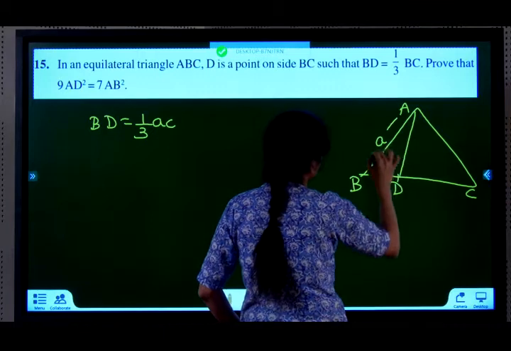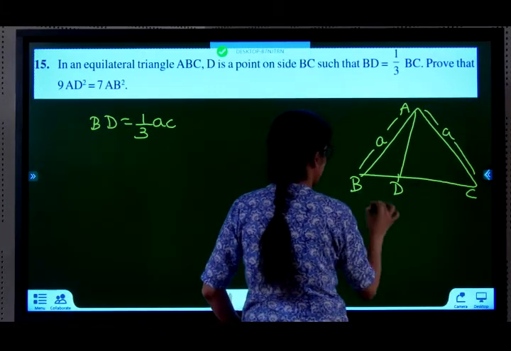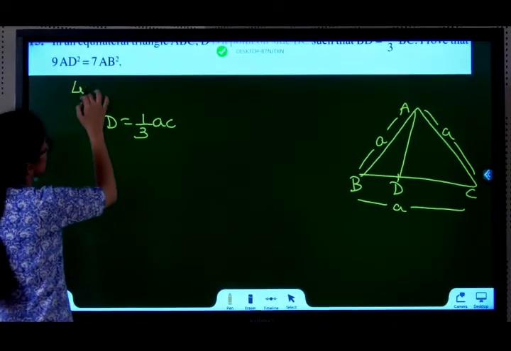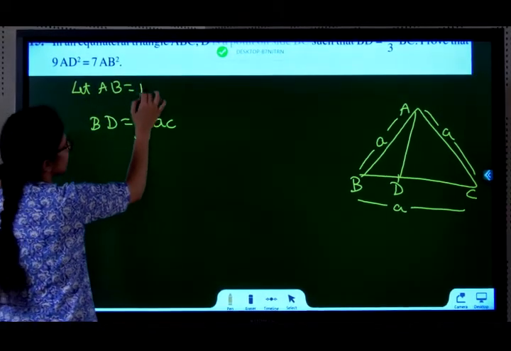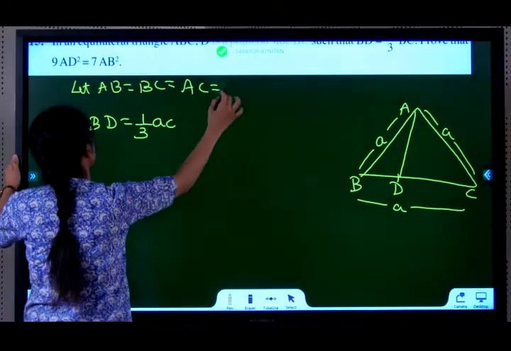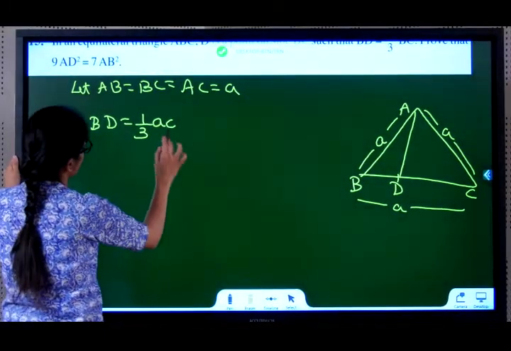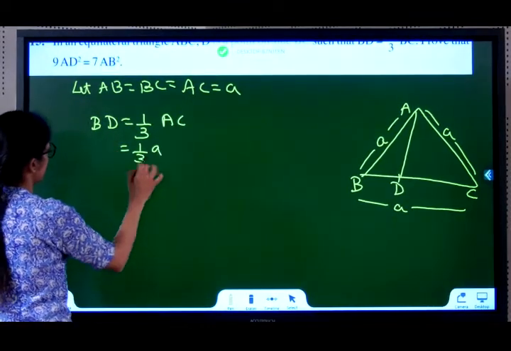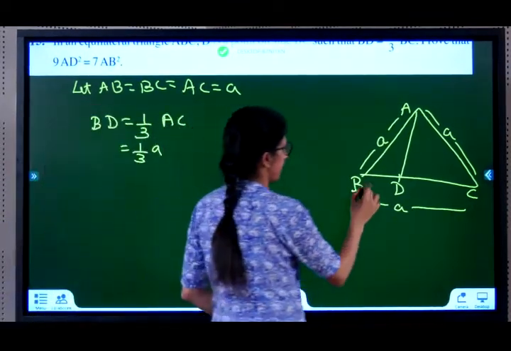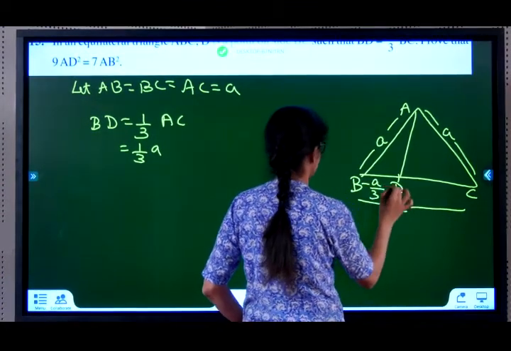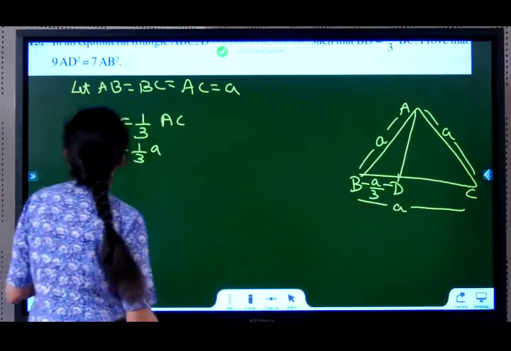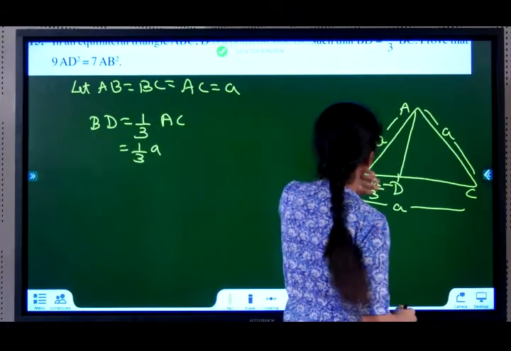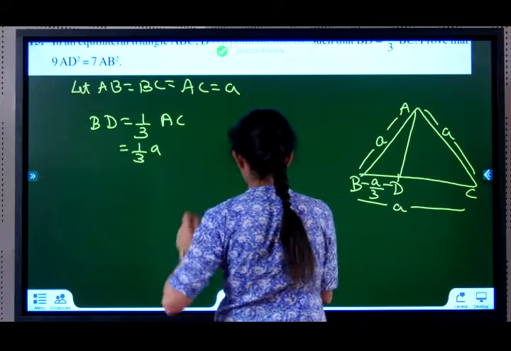Let's say all sides are A. So first statement, let AB be equal to BC equal to AC be equal to A. Here they have given you BD is equal to 1 by 3 AC, so 1 by 3 into A. So BD is A by 3. You have to prove 9 times AD square is equal to 7 times AB square.